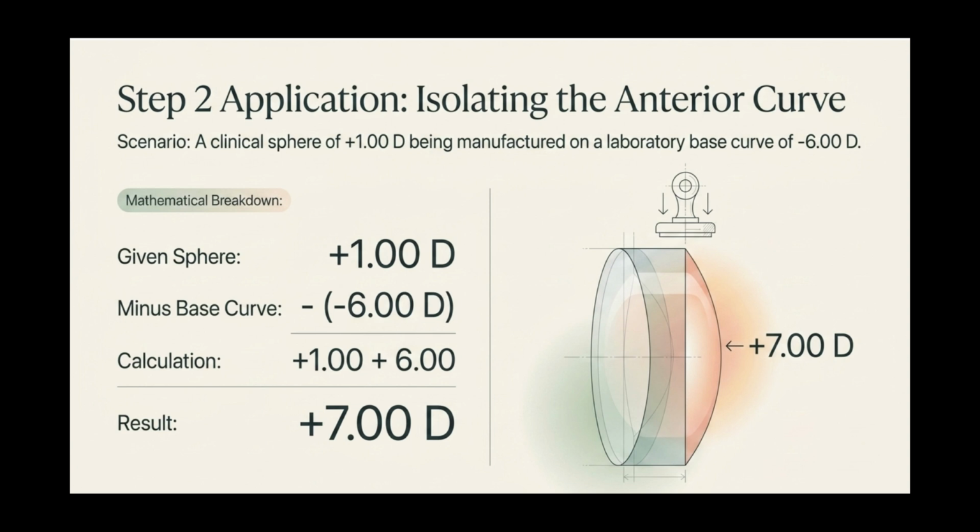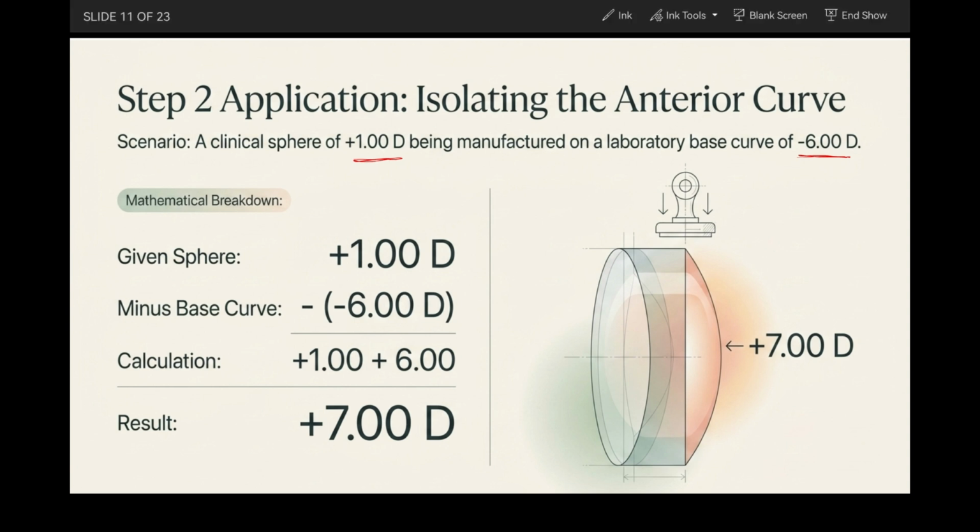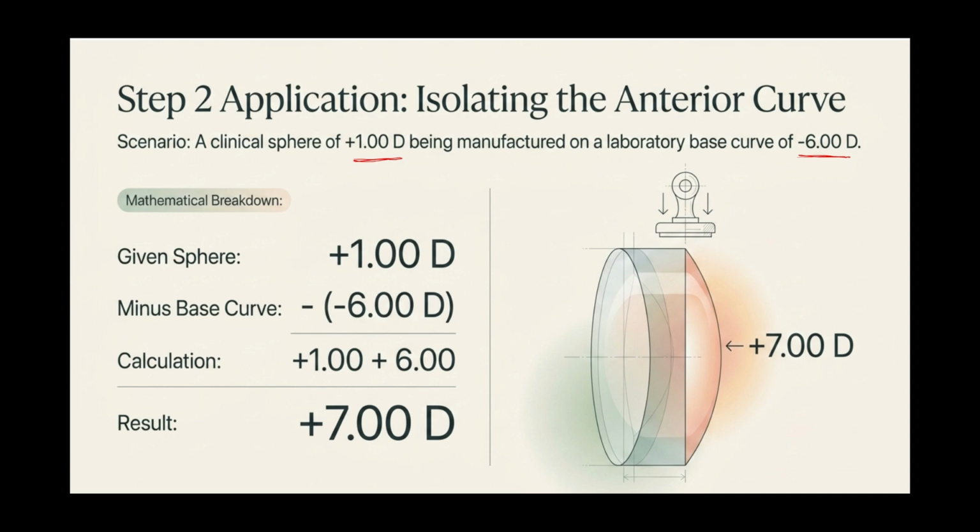So let's see how we actually go about doing it. This is a scenario where the clinical sphere, that is the prescription, is +1 and the base curve is -6 diopters. So as per our formula, what does each of these mean? The spherical power is the total sphere, that is +1.